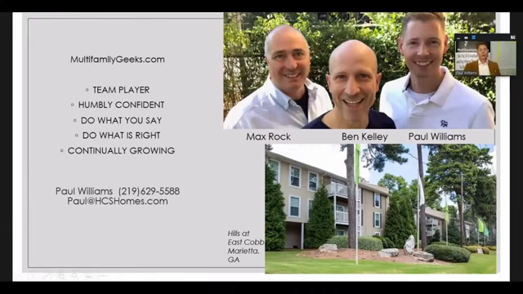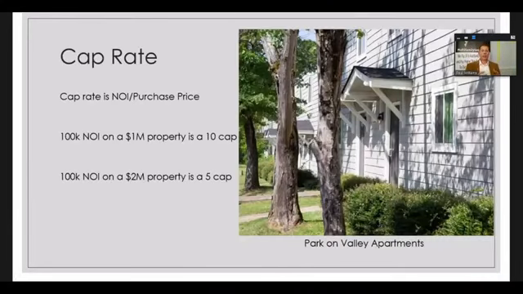So the cap rate is the net operating income divided by the purchase price. Net operating income is your income after expenses are paid. Essentially, it's your profit before any debt payments are made, any mortgage payments. So let's say you have a property that is bringing in $200,000 a year.